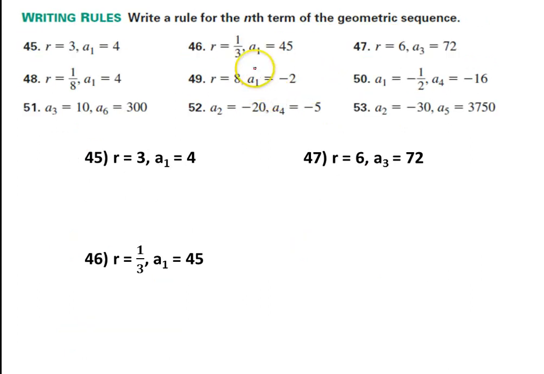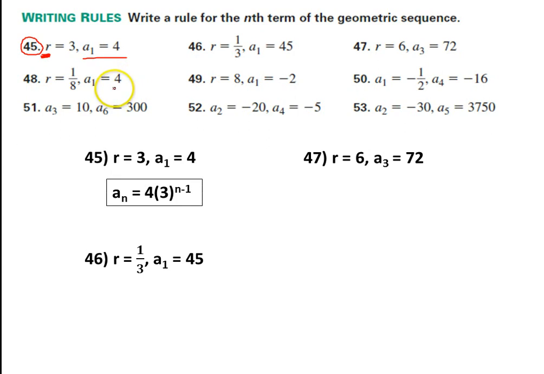Now, couple more. 45. This one's going back and making it easier for you. It says R, so you know it's a ratio, you know it's geometric, and they give you a sub 1. So all you have to do in this one is what? Plug it in.